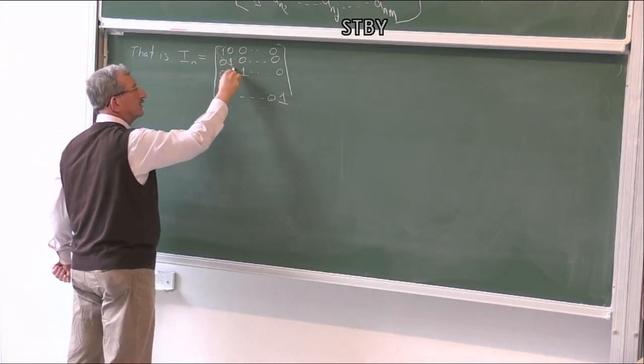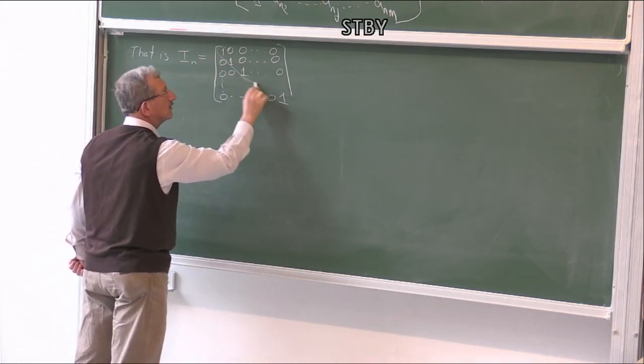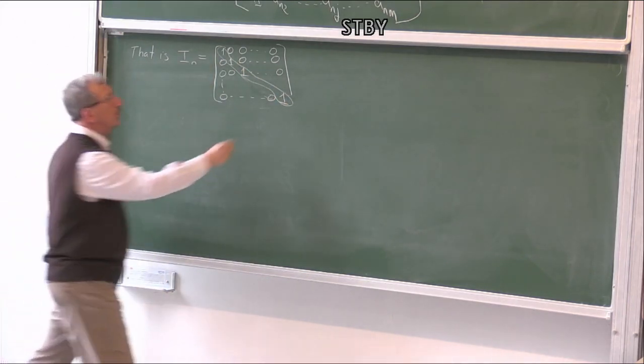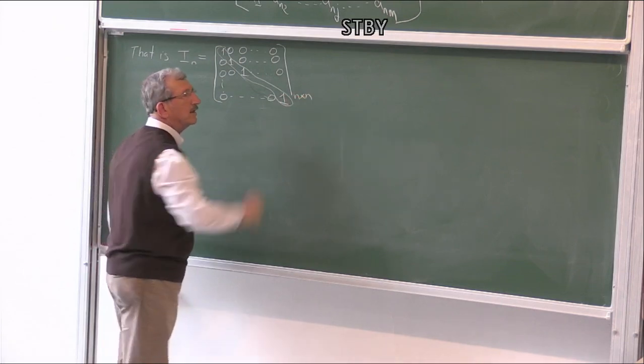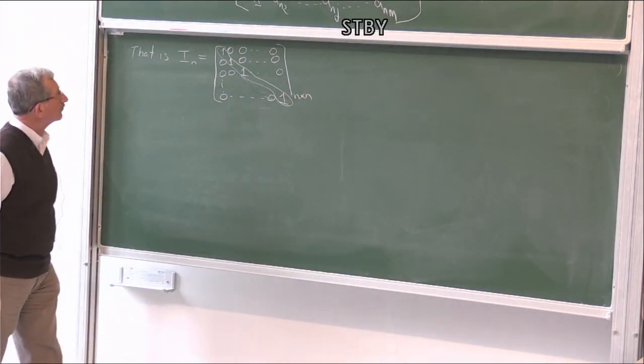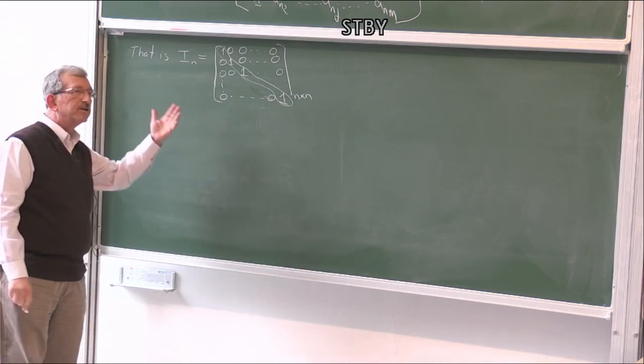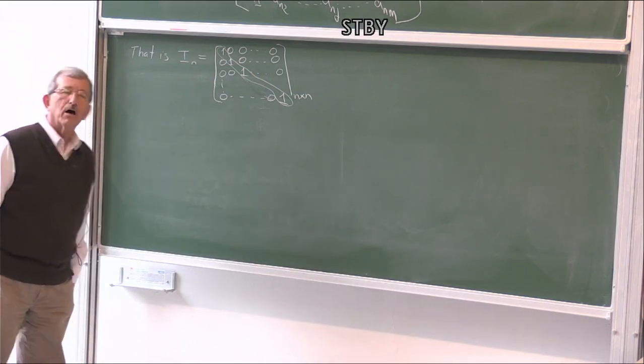Only these diagonal elements are 1, all the others are 0. It's an n by n square matrix. And we also define the 0 matrix where all entries are zeros.